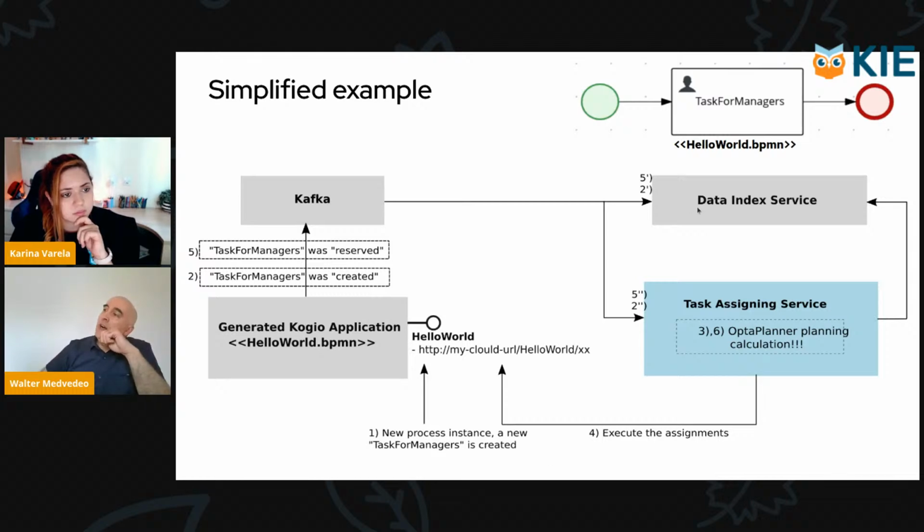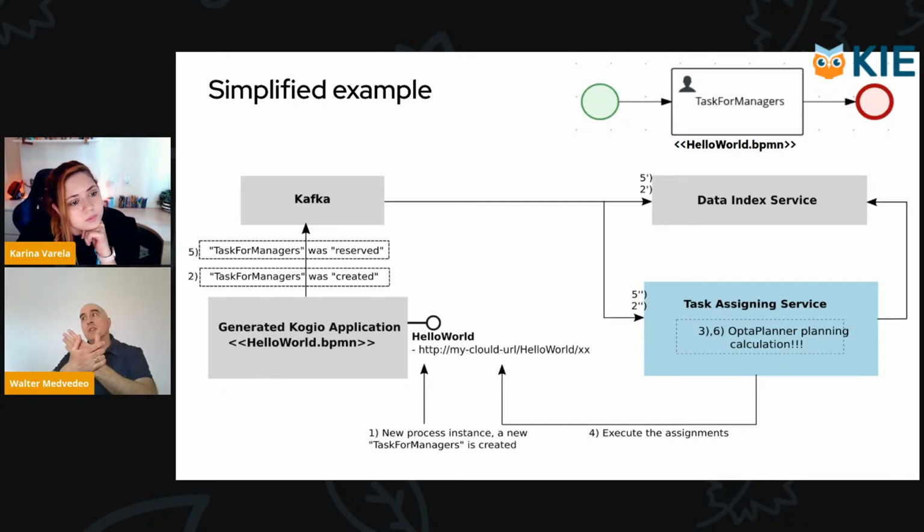The reason why we have the data index also here is because the data index is the component in Kogito that takes care of indexing all the information from your tasks in your system. Let's say that the data index service is a kind of neighbor of this process, but doing a different function. The thing is, imagine that the task assigning service goes down, right?